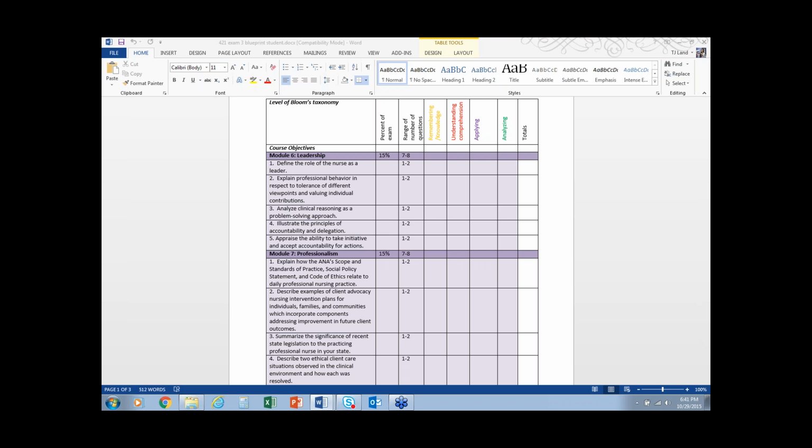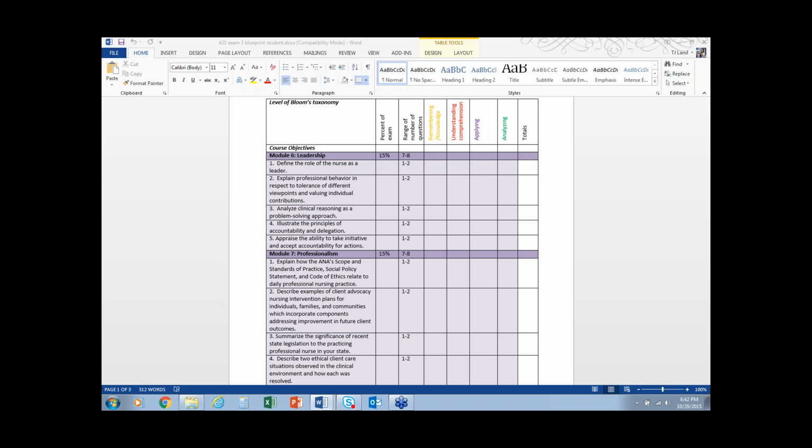Leadership, the first objective, asks you to be able to define the role of the nurse as a leader. So you need to be able to tell me what it means that an RN is a leader. What does the RN role as a leader look like?